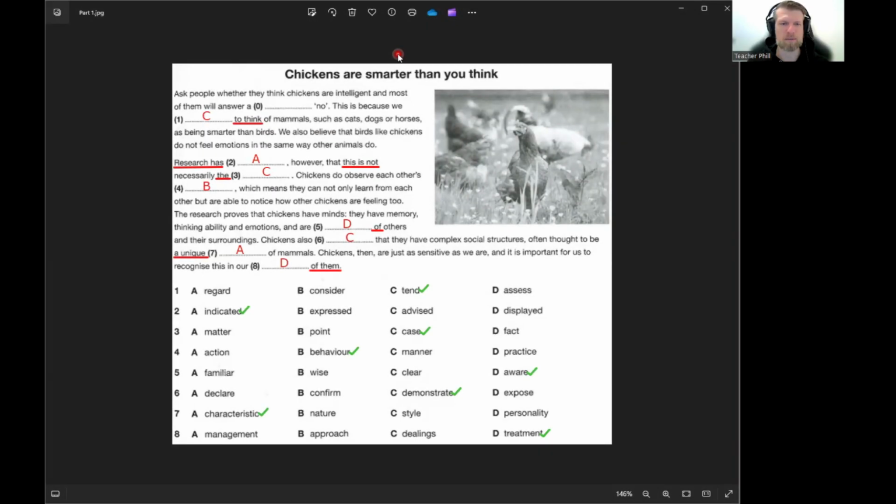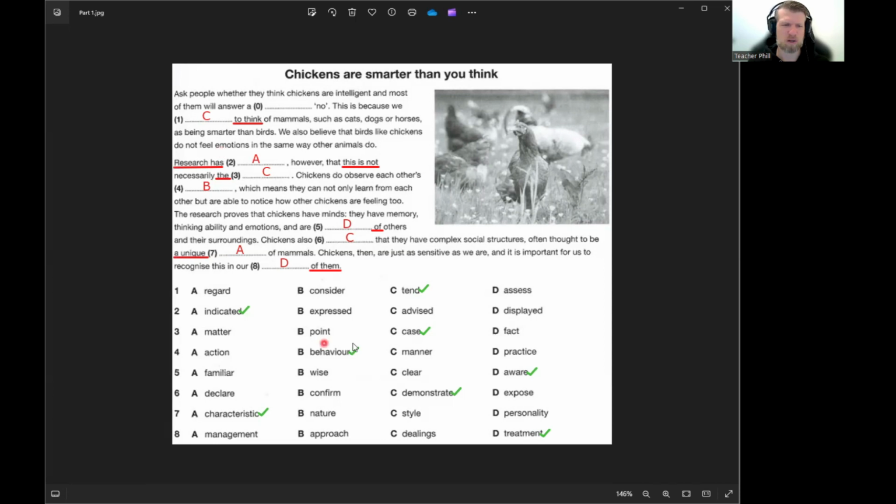Okay, so here I am again. As you can see, I have chosen my answers and I have underlined the words that I think help in these situations. In gap number 2, I would go with indicated. Here, because it talks about research has, I don't think research expresses, advises, or displays anything here.